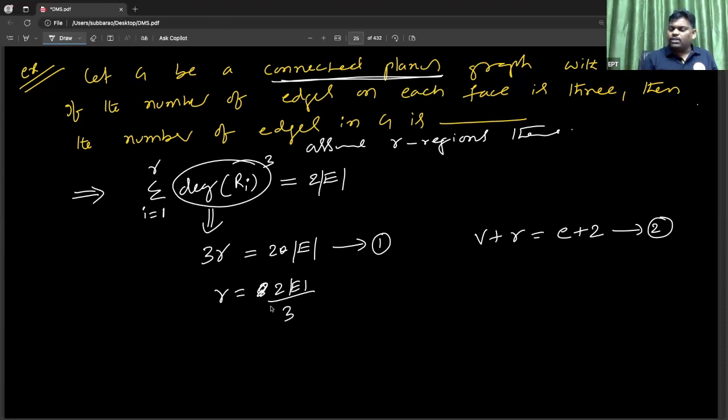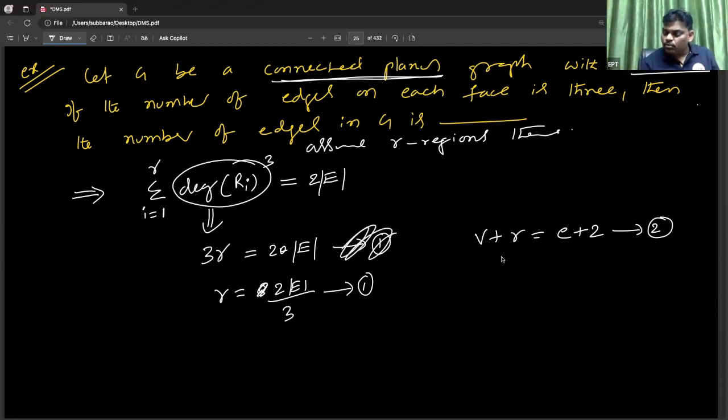And one more thing: he mentioned how many vertices are there? 10 vertices are there, he mentioned. He is asking the number of edges, how many? Convert everything into edges, because finally you want the E value. So now if you substitute this, this may be 1.